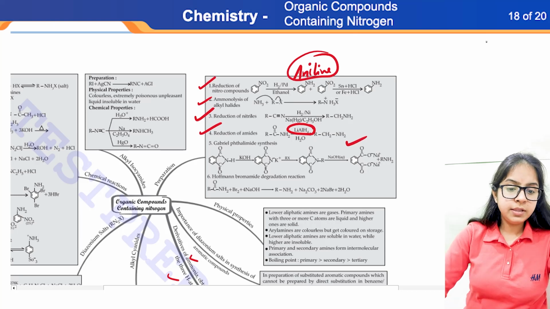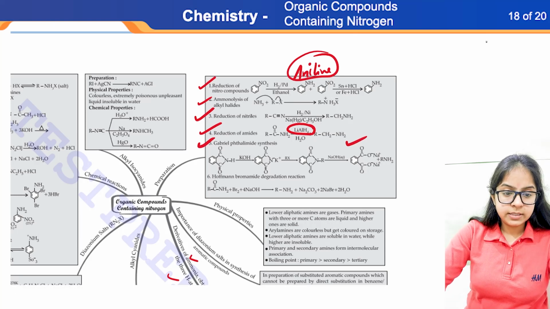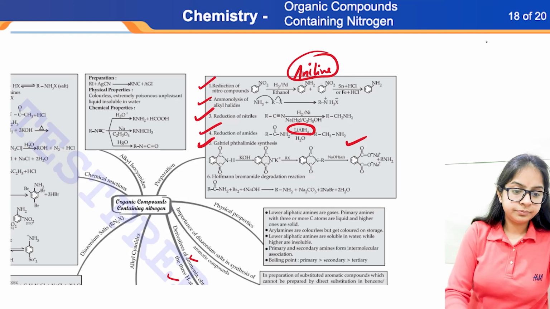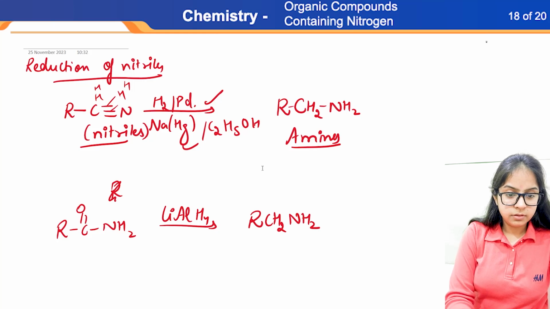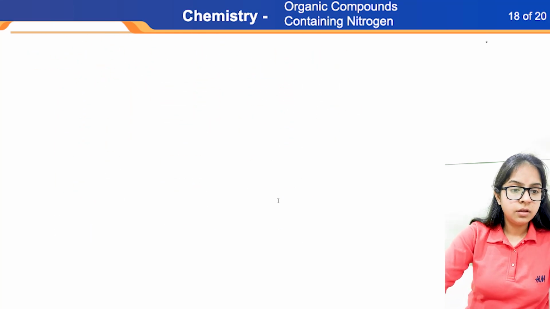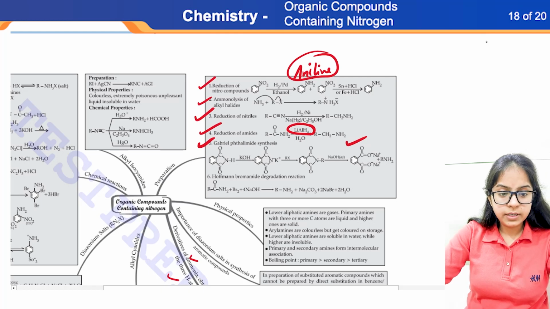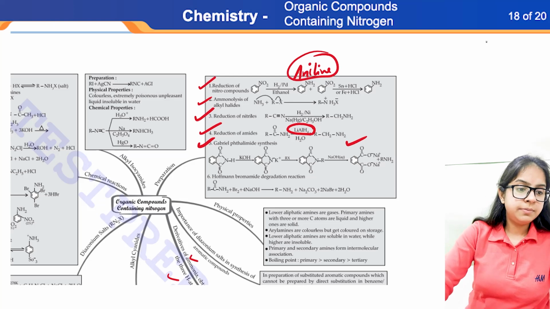RCONH2. And after that, the Gabriel phthalimide synthesis, and this is a very important reaction, Gabriel phthalimide synthesis. So in the starting, we need to choose this phthalimide. How can we prepare this phthalimide?